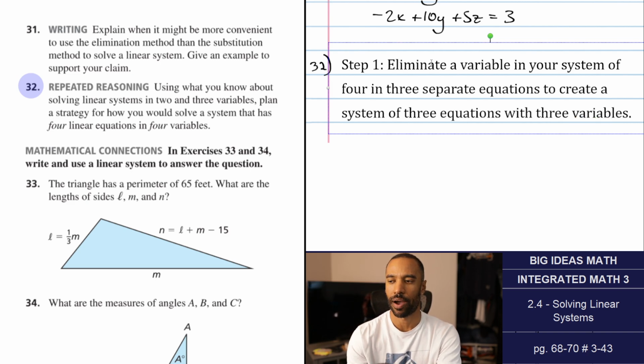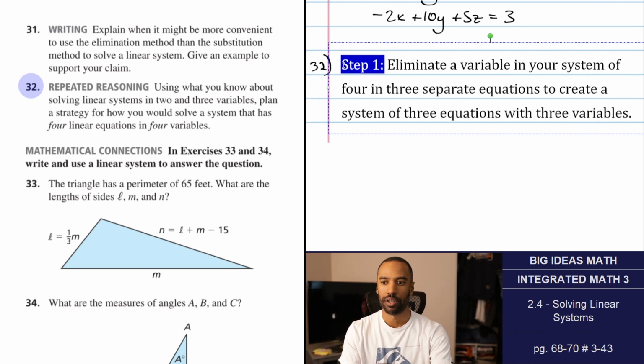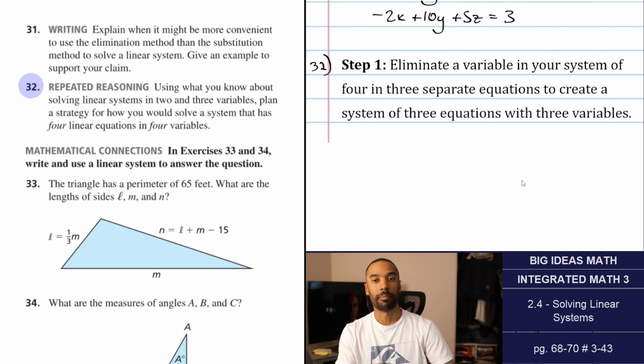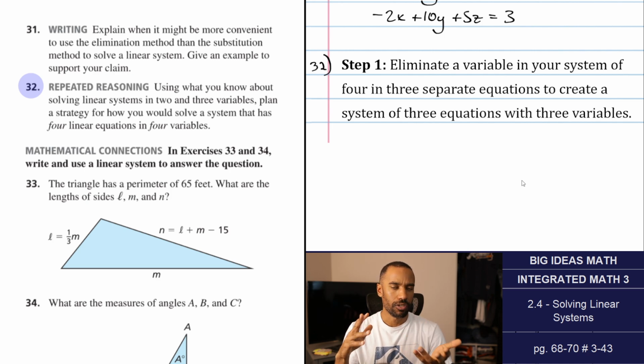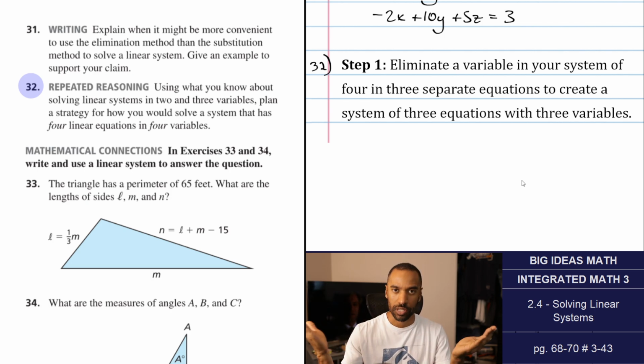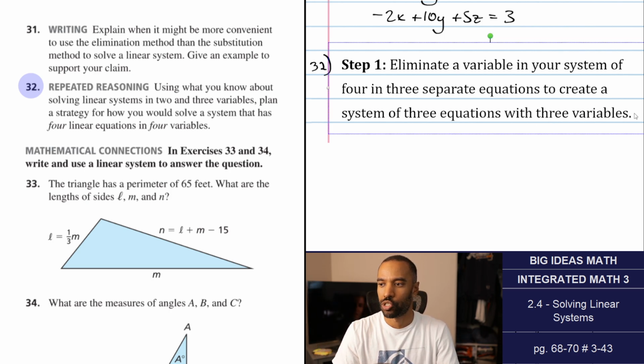So let's say you have w as one of your variables. Get rid of the w in those equations by using the elimination method, or substitution method, same kind of thing. You can substitute in the other 3 equations, and then get a system of 3 with x, y, and z, and then solve for those. Step 2, etc.